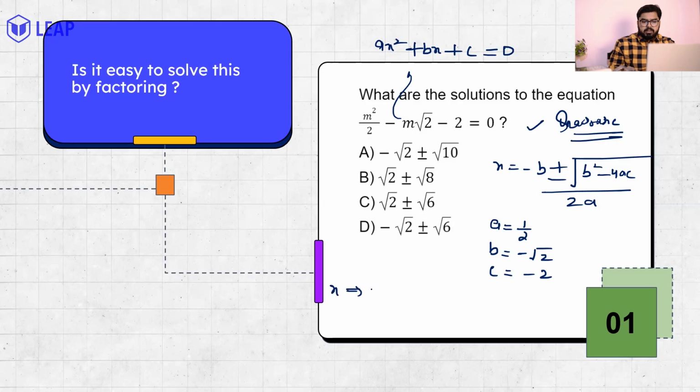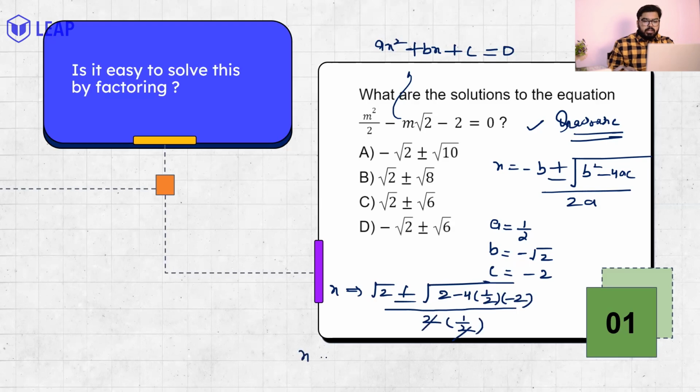So minus b, so minus of minus root 2 is plus root 2, plus minus under root b square. So minus root 2 square, square of a negative number is positive, so minus root 2 square is 2, minus 4ac, right? Divide by 2 times a. What was a? 1 by 2.